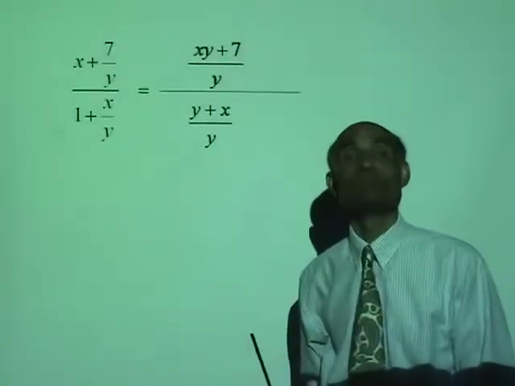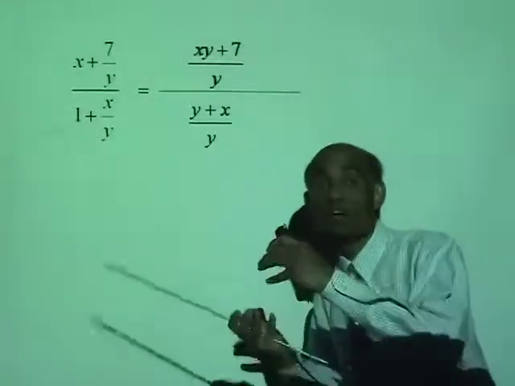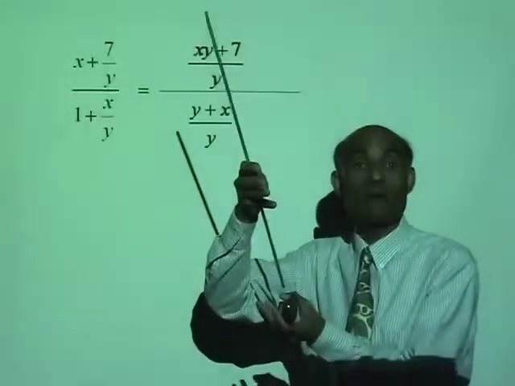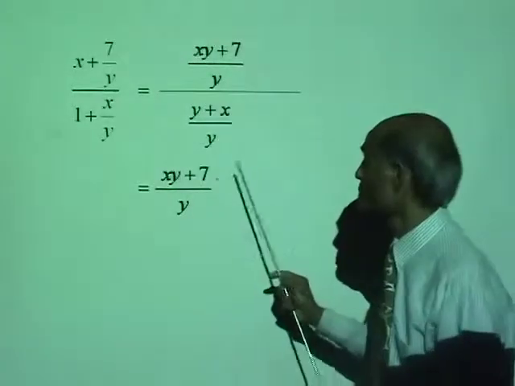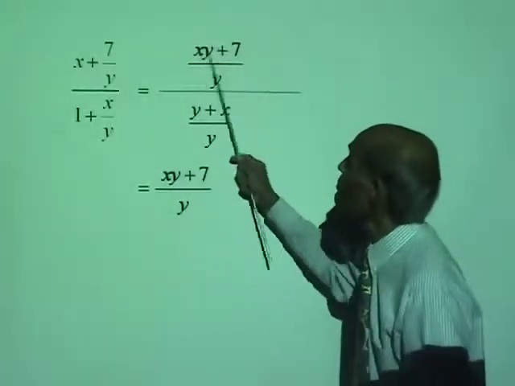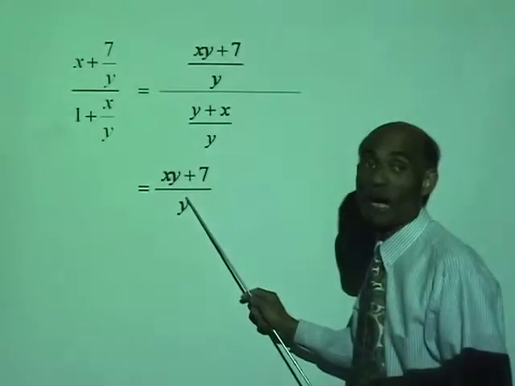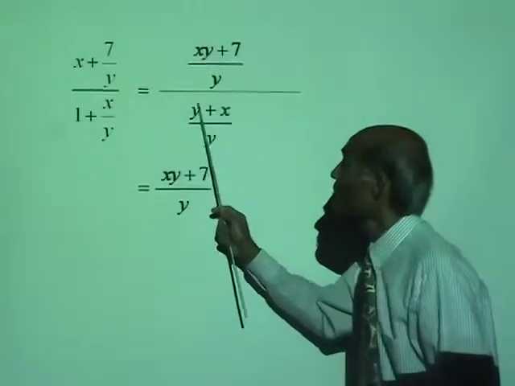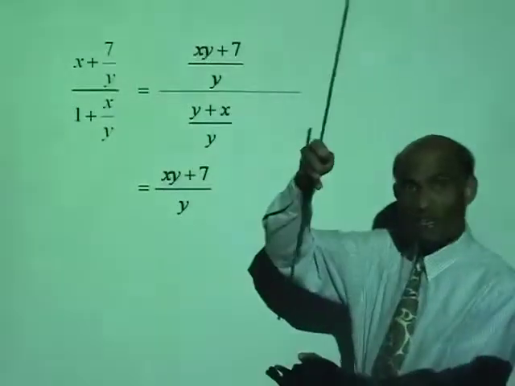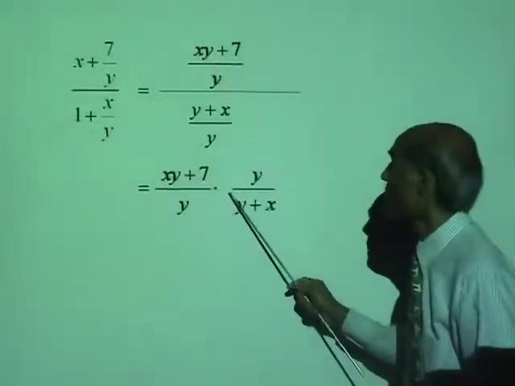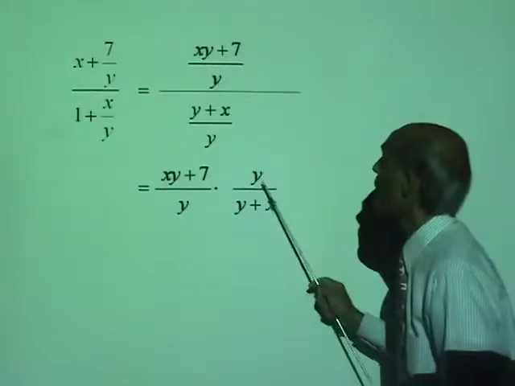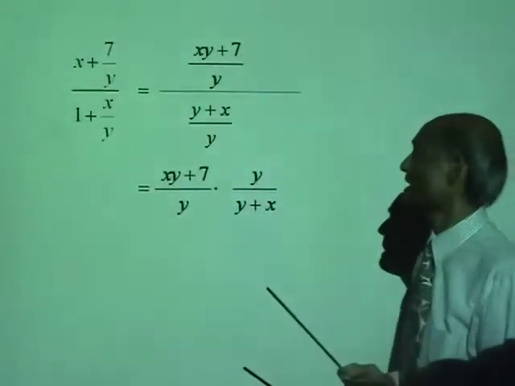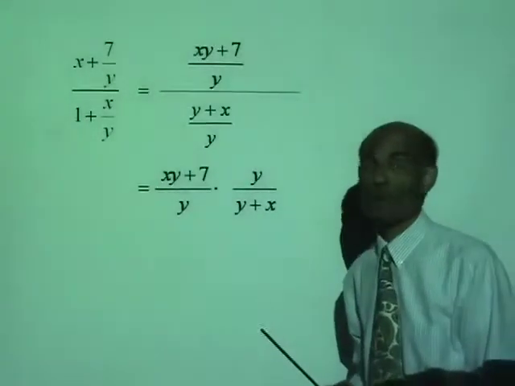What do we do? We can now invert the denominator and multiply. So write down the numerator first, and then put a multiplication sign and write this in the inverted form. So that will be multiplied by y/(y + x).